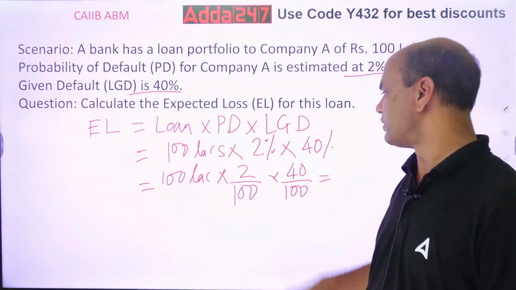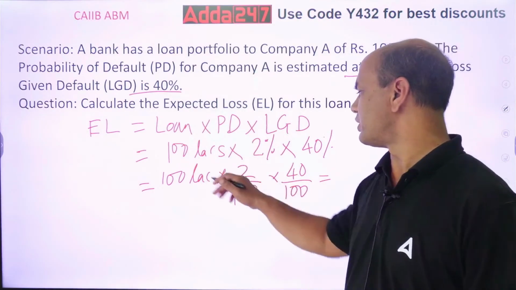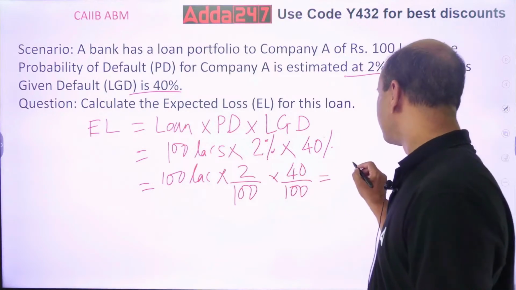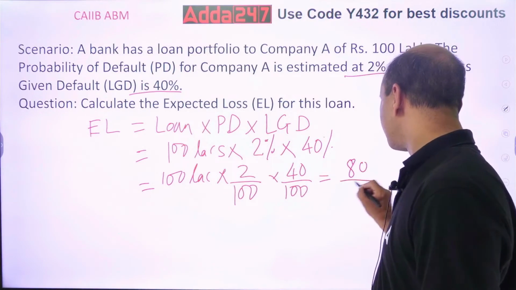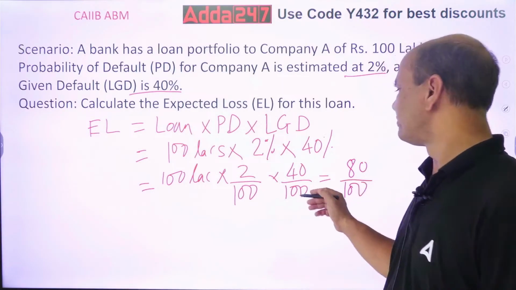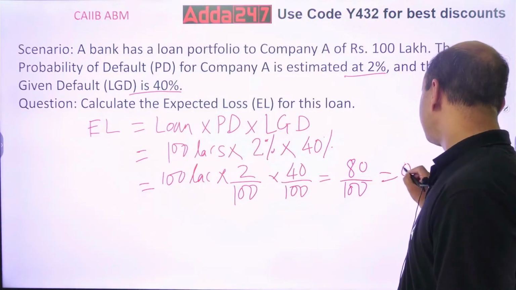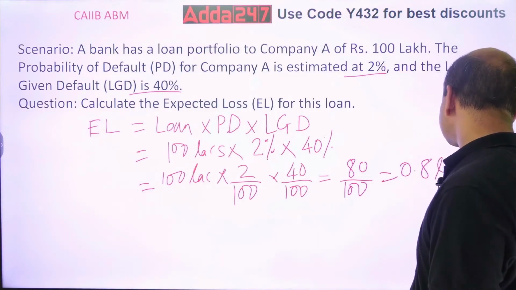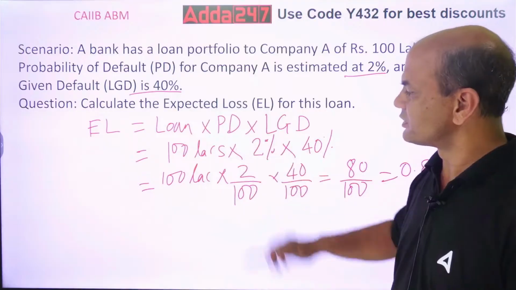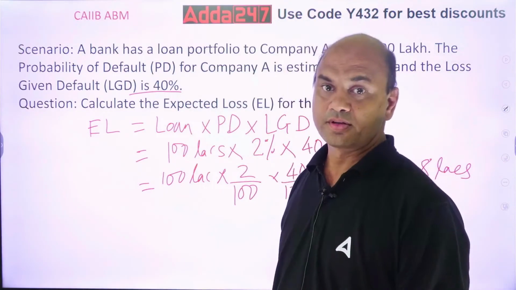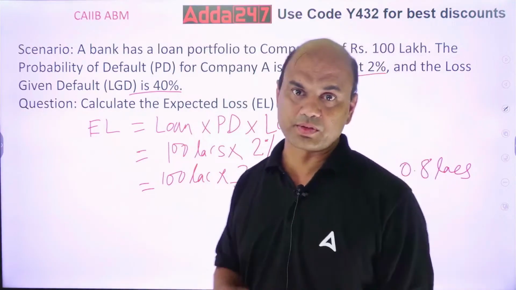So calculate it now. 100 gone, 4 into 2 is 8, so 80 upon 100. This is right now. So it is equal to 0.8 lakhs. This is in lakhs, so it will be in lakhs. So 0.8 lakhs. Kindly don't miss out on the calculations.